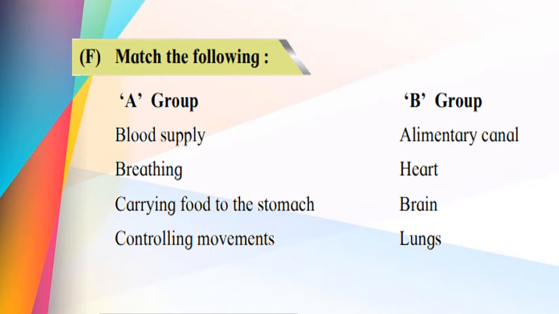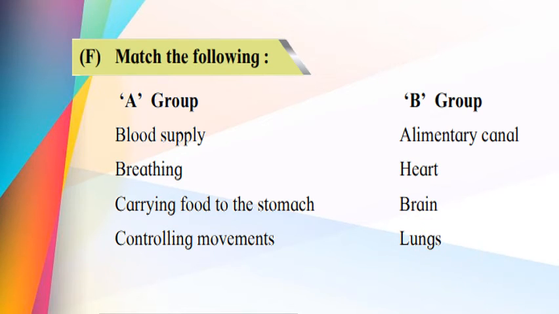Now here, match the following is there. Here A group is there and B group is there. Correct? In the A group: blood supply, breathing, carrying food to the stomach, controlling movements. And in the B group, these organs are given: alimentary canal, means digestive process, correct? Heart, brain, lungs.